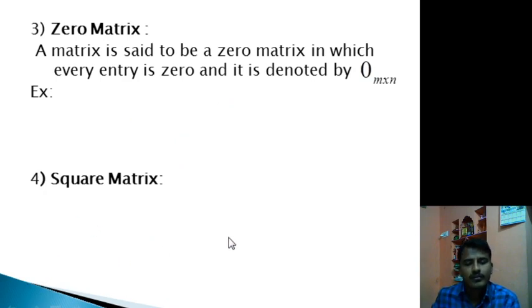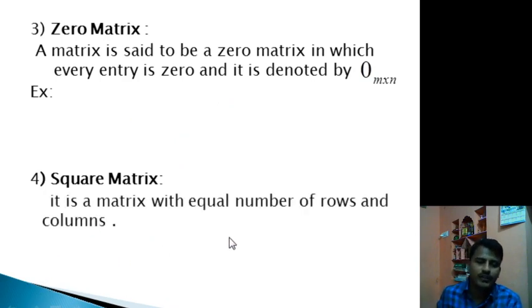Next, the most important definition for annual examination purposes: square matrix. This definition will carry 1 mark, and they will ask you to define a square matrix and give an example.